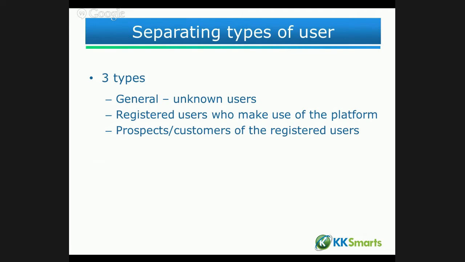Okay, well, one of the main problems that people come to me with is a situation where they've got a website and there are a number of different types of users. And I've picked one example to go through. A guy came to me, he's got a website and there are three types of users.